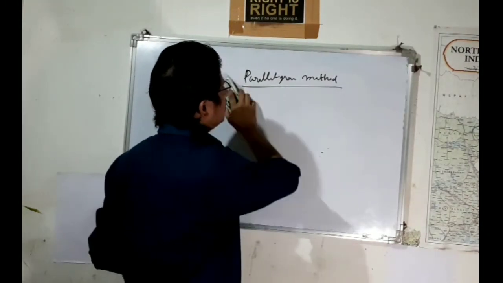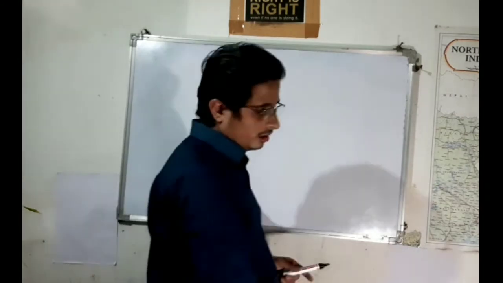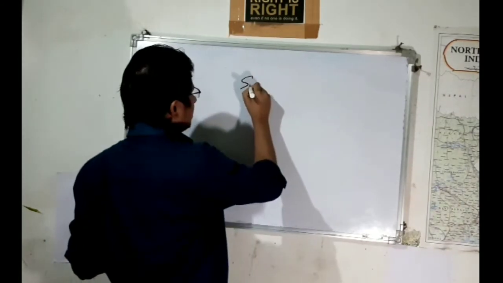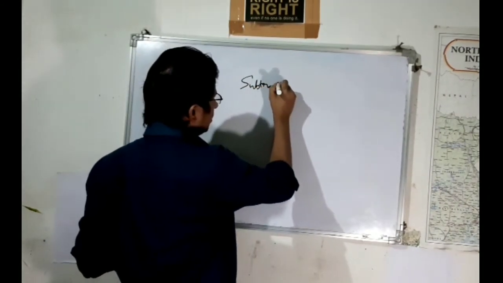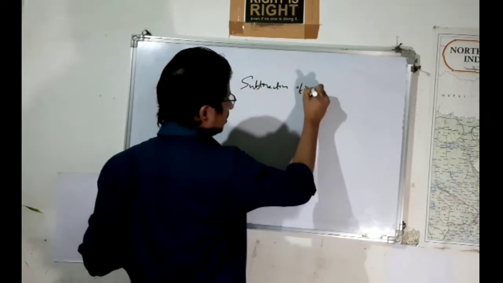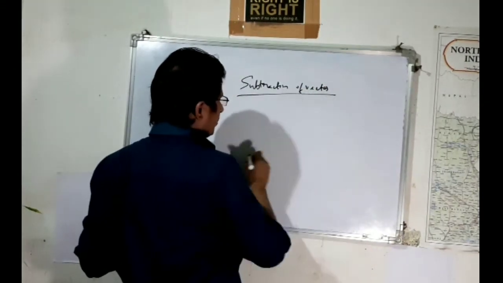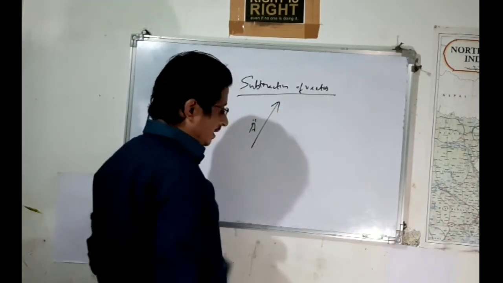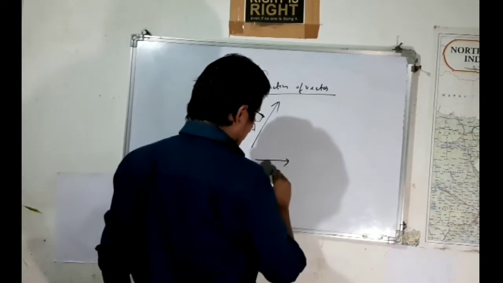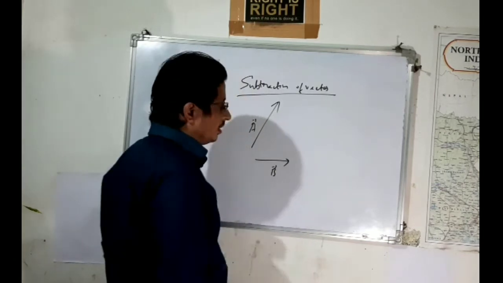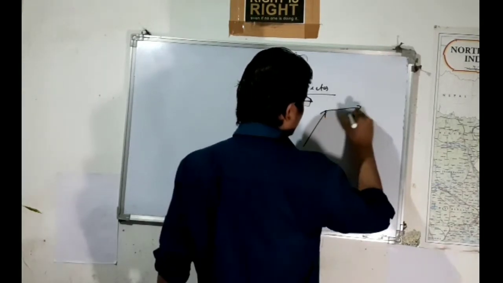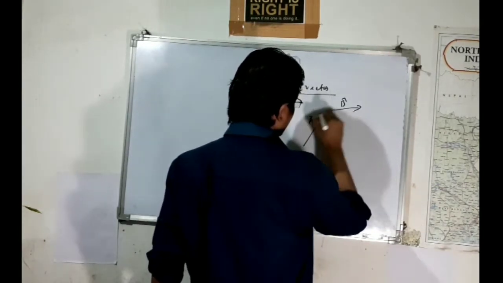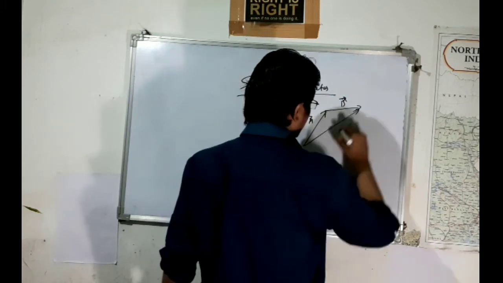Now, vector subtraction. Subtraction of vectors. Suppose a vector A and another vector B. So A plus B is like this.